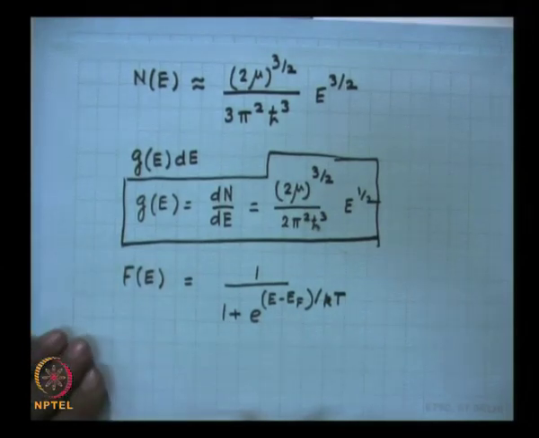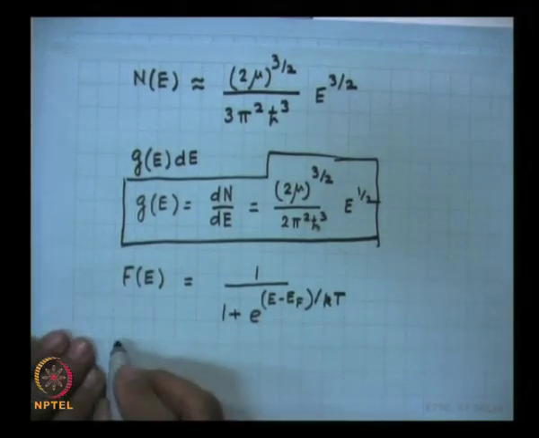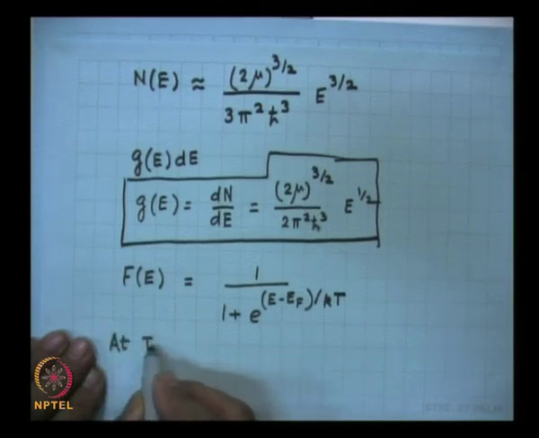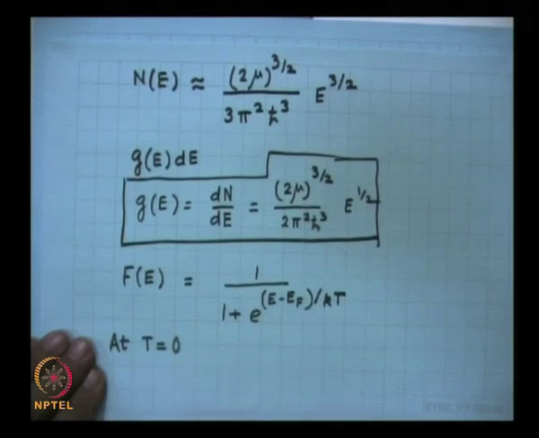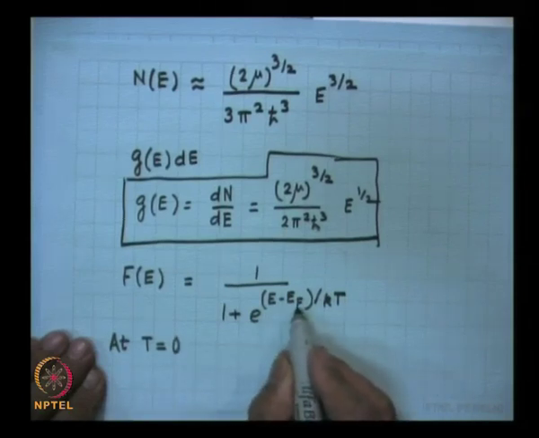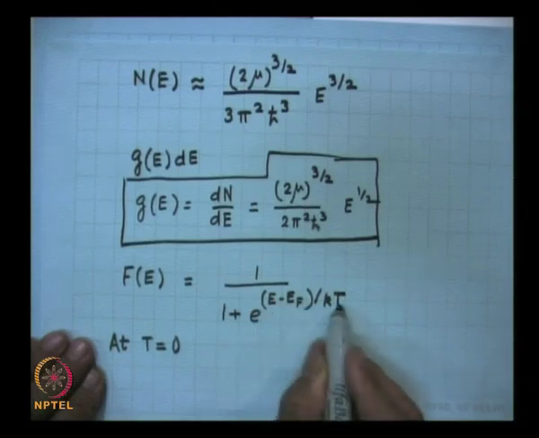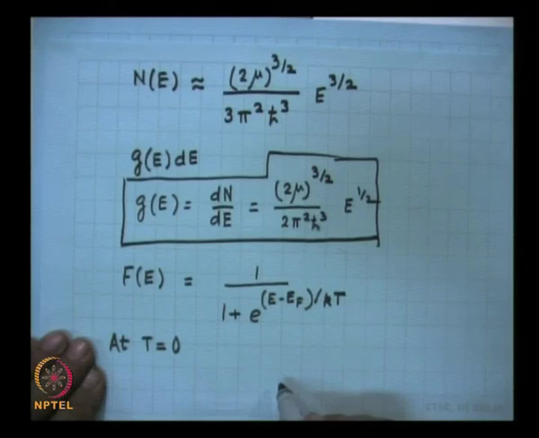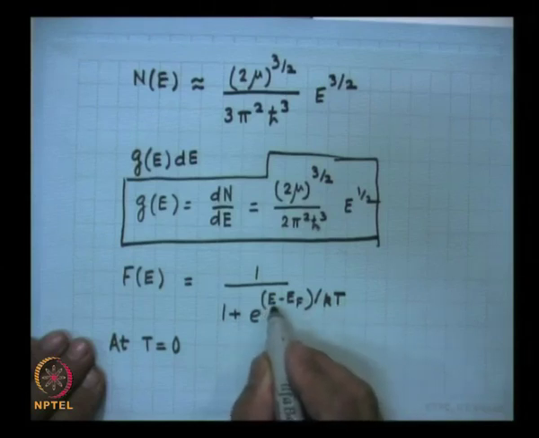If the temperature T is absolute 0, if E is greater than E f, then this is positive. So, T is extremely small, so it is e to the power of plus infinity.